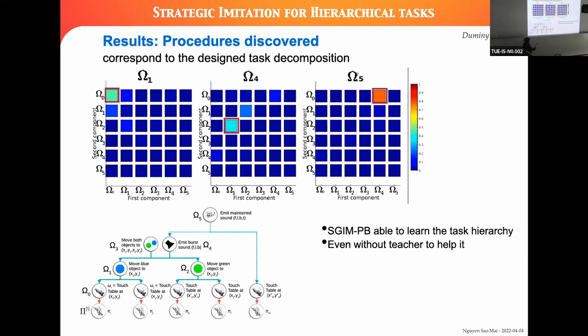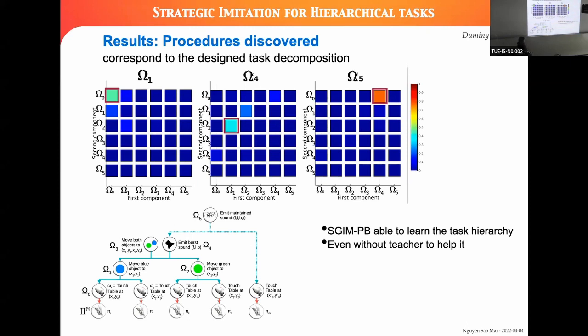And to make a tune, it needs first to make a small sound and then to push another button to make it sustained. And so this corresponds to what we had designed in the setting, but it didn't know in advance, so it managed to learn it.